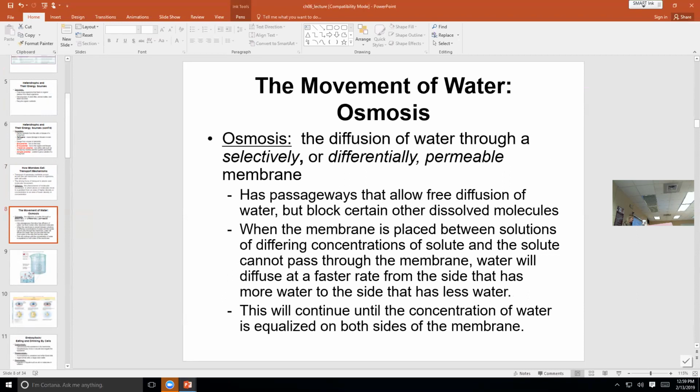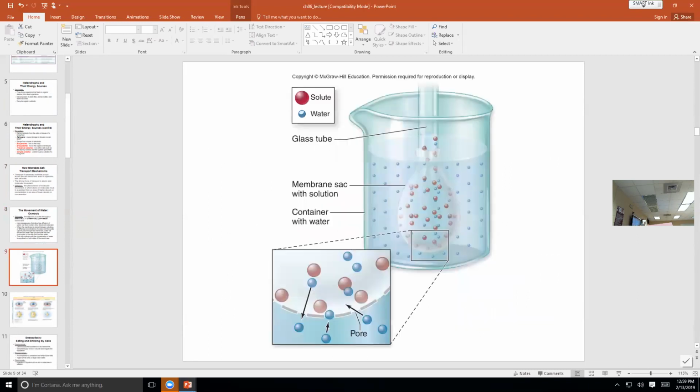We can't move it against it, okay? Do I have any questions about that? I think that's a repeat for most of you because you've had AMP and you understand how cells get nutrients in, get rid of waste products, and keep their water balance inside and outside. Has everybody had that?